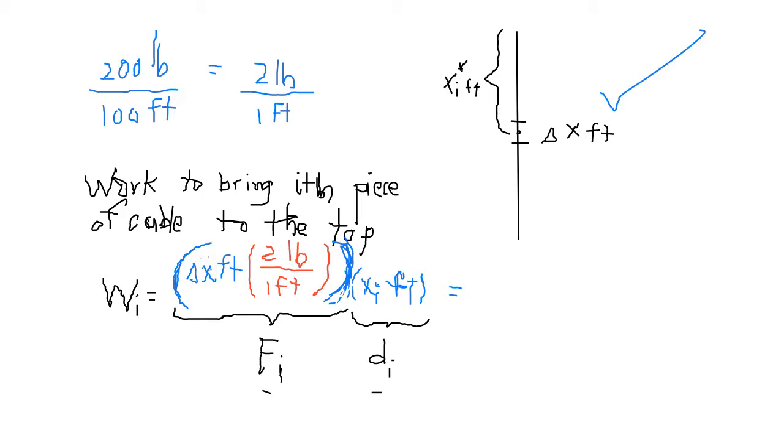They simplify out. That's right, Michael. So in other words, the weight of delta X feet of cable would be 2 times delta X pounds.